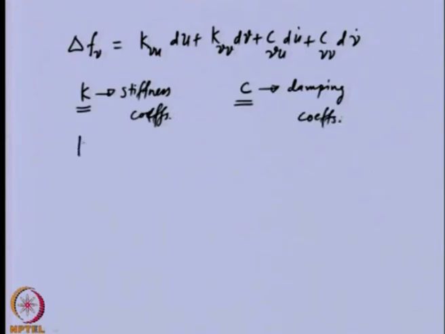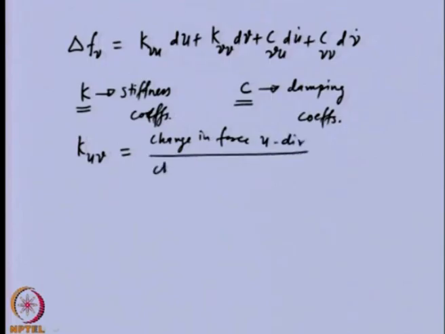If we take one particular coefficient, let us say u v, this represents the change in the fluid film force in the u direction divided by the change in displacement in the v direction, because I have taken a different subscript. So, this particular stiffness.